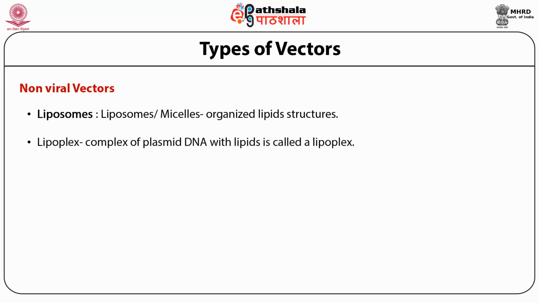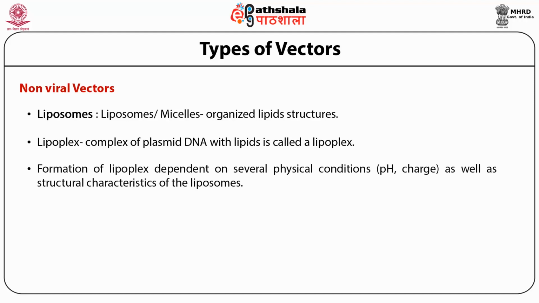So the plasmid DNA is basically enclosed in these liposomes, and the complex formed by these two components is known as lipoplex. The formation of lipoplex is dependent upon several physical conditions like pH, charge, as well as structural characteristics of the liposomes.